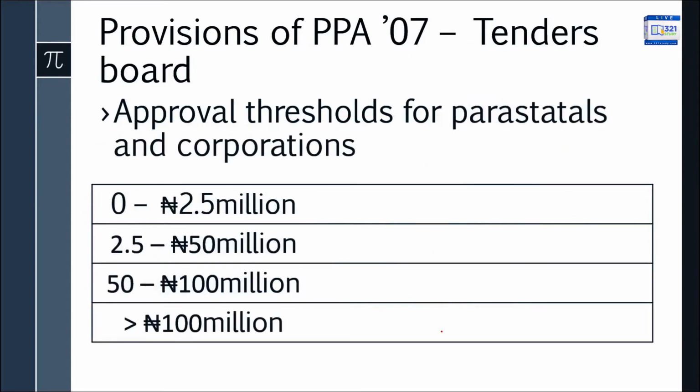When it comes to parastatals, the limit for parastatals is smaller than for ministries. The permanent secretary of a parastatal, the accounting officer, can only see contracts worth between 0 and 2.5 million naira, and contracts that exceed this range but are not up to 50 million can be heard by the tenders board of that parastatal.